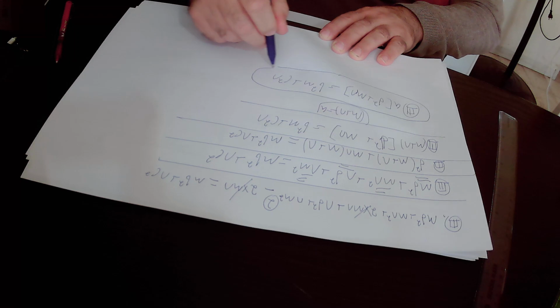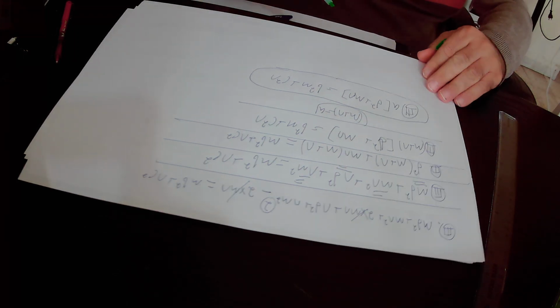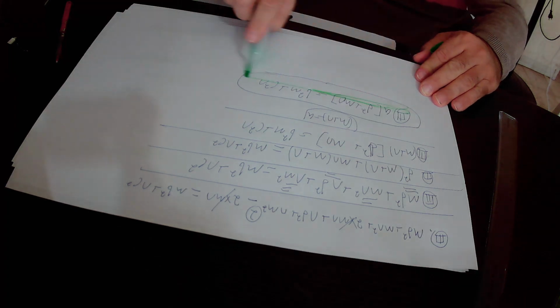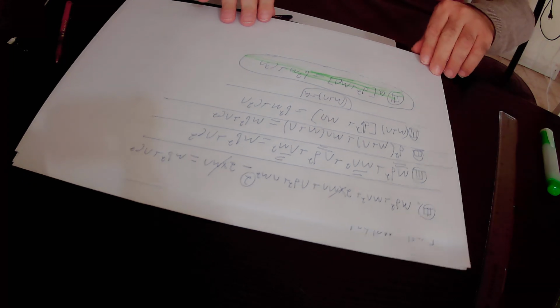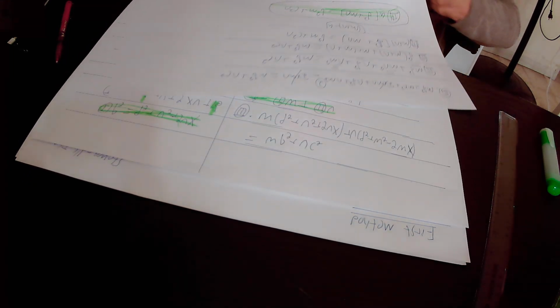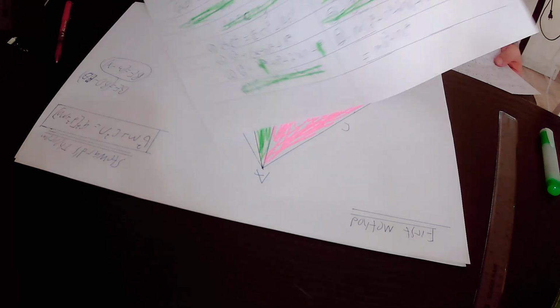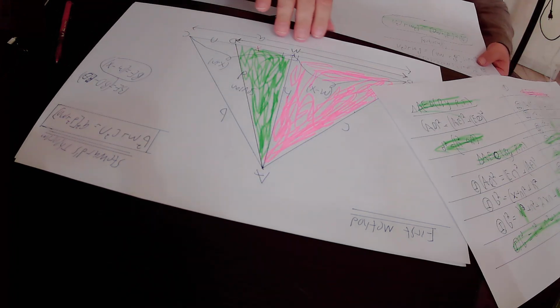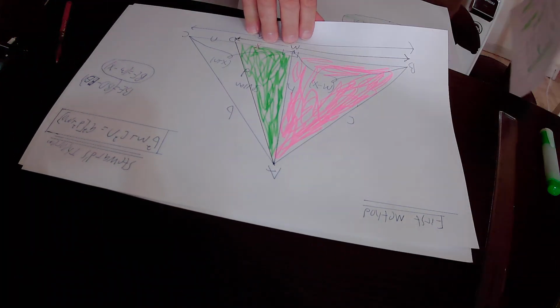And this is exactly Stewart's theorem. So we proved Stewart's theorem in the first method. In the next step, I'll show you how we can prove Stewart's theorem in a second method.